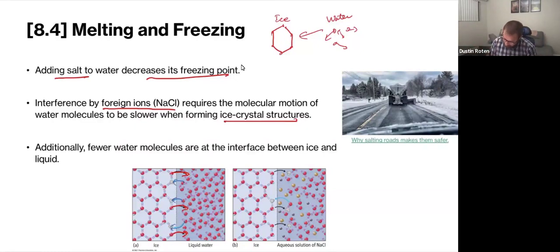But as soon as you add salt, what's going to happen is it makes it really easy for these molecules to leave the ice. So we still have 3 red arrows to the right, but because we have these ions and salt molecules floating around, notice how they're sort of in the way.